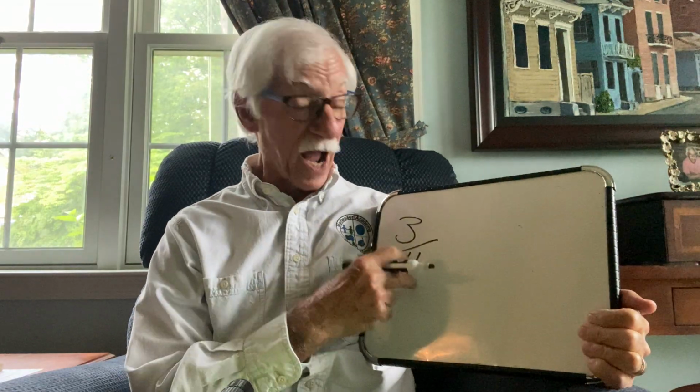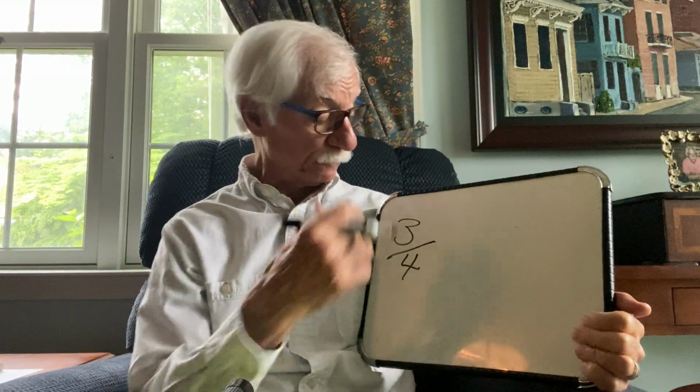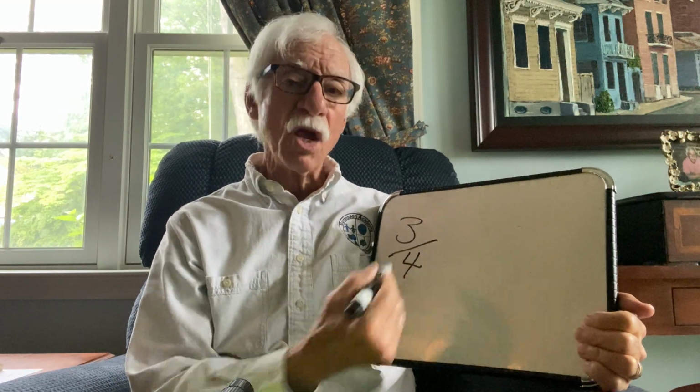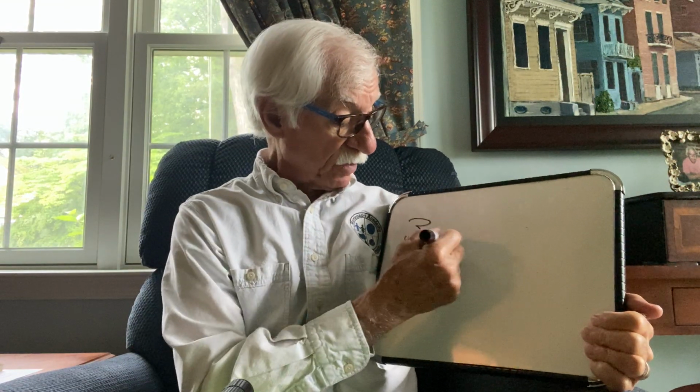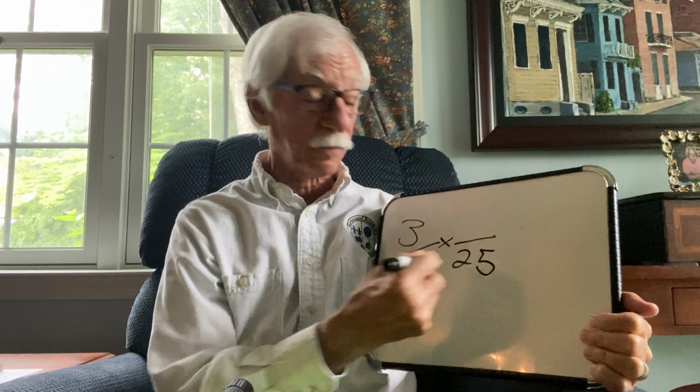I can turn that into a percent by changing the denominator of the fraction to 100. And again, this is where you've got to know your math facts, multiplication. So what would I have to multiply 4 by to turn that denominator into 100? Well, Mr. T knows his math facts, and I know that I've got to multiply it by 25. There are 4 25s in 100.